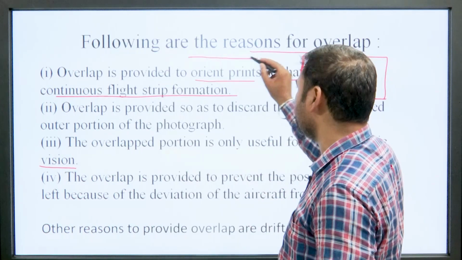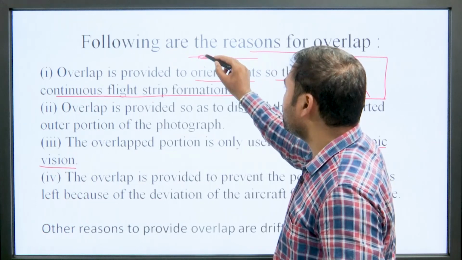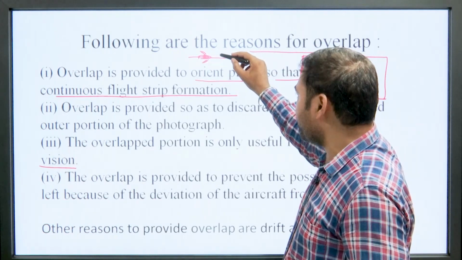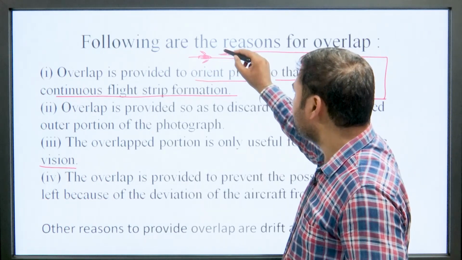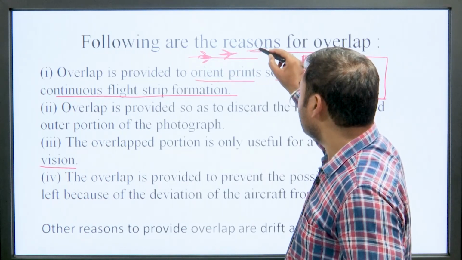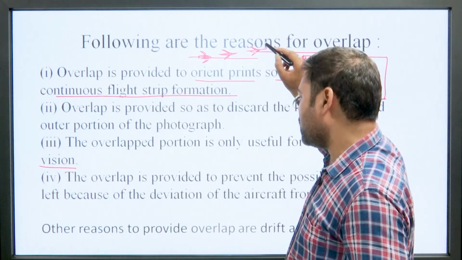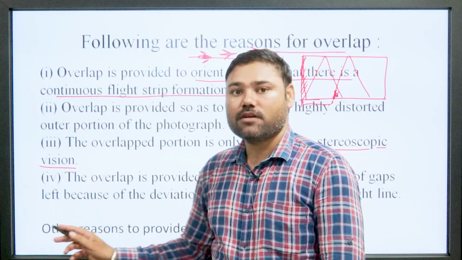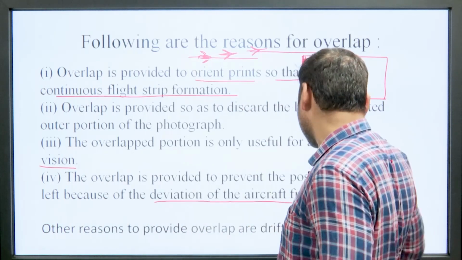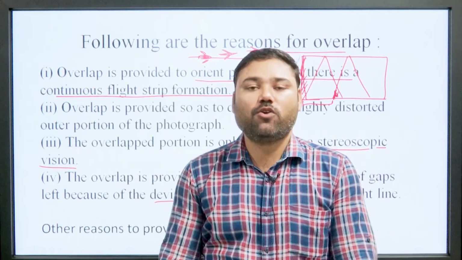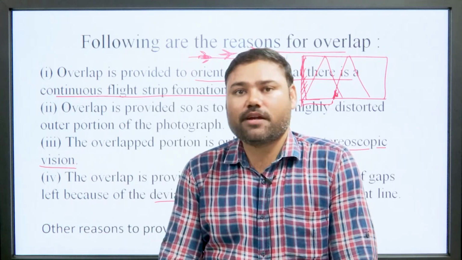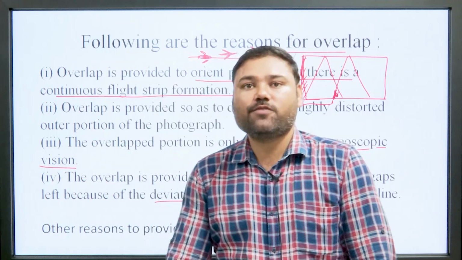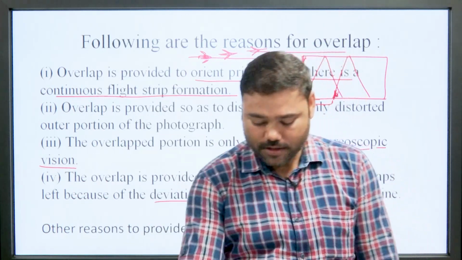This is the flight line, and due to wind pressure the aircraft can deviate from its path in this way. In order to prevent the possibility of gaps due to the deviation of the aircraft, overlapping is performed.